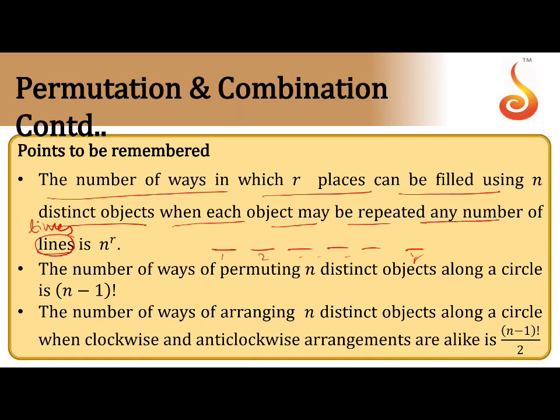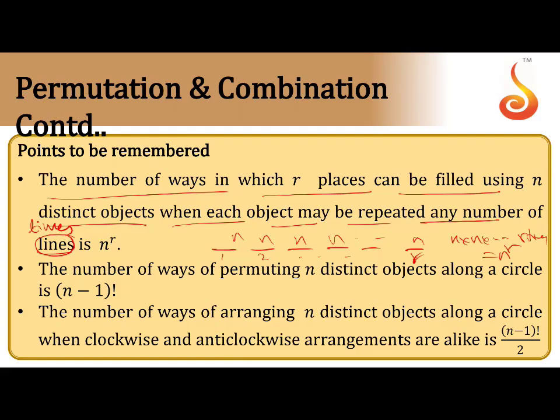Take the first object, that can be filled in any one of the places, n ways. Second object n ways. Third object n ways. Repetition allowed, n ways, and so on. That means n into n and so on, r times. So this value is n power r.